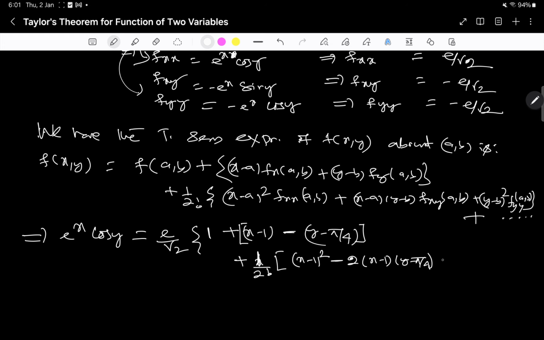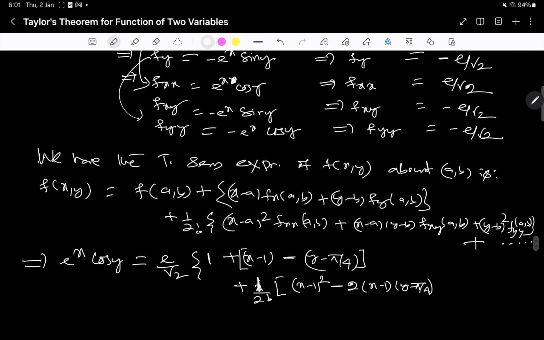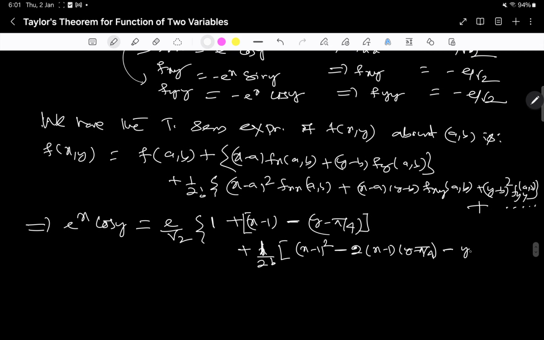Then the last one is minus y minus pi by 4 whole square. So this is my third term, and it is continued. So this is the desired series expansion.